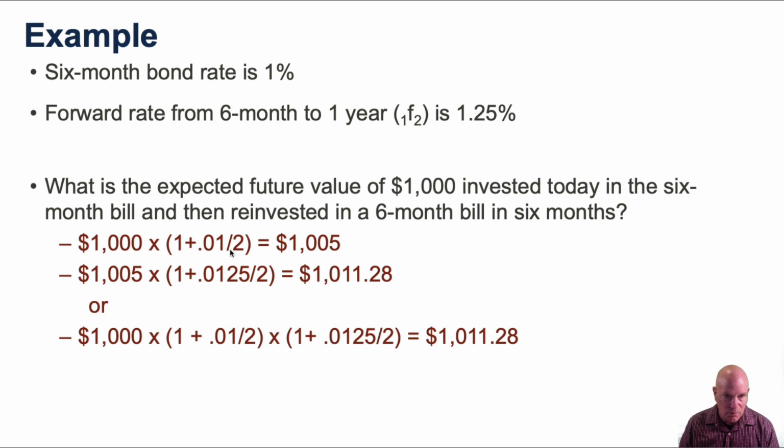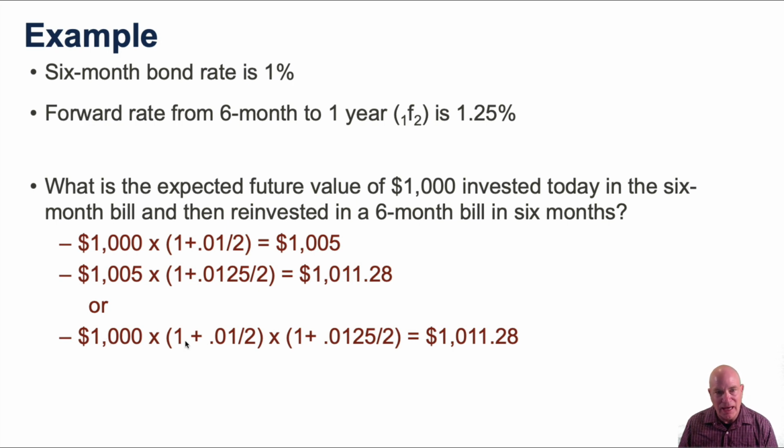We will get 1% or half of that, or $105. We then reinvest that $105 in 6 months from now, and we get a 1.25% return, so 1 year from now, if we reinvest it and get 1.25 in 6 months from now, we will have $1,011.28.